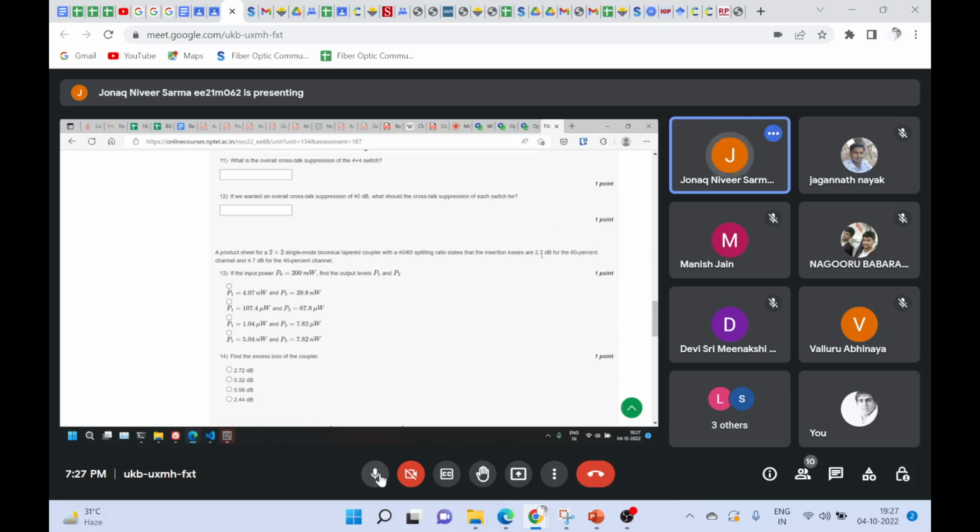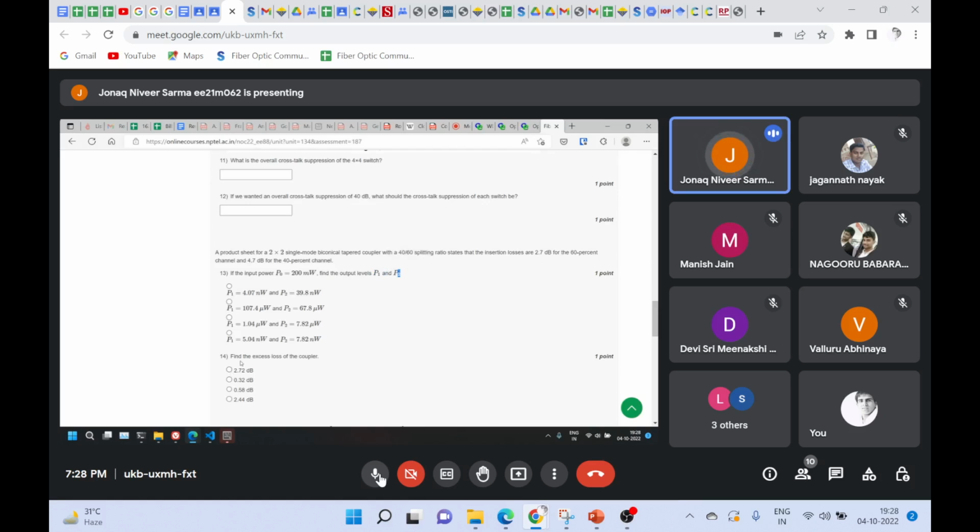You are given that if you input 200 milliwatt power, P1 will be minus 2.7 dB from that. Just find the ratio, what is expected. And instead of 60%, it will get some lower percent. That's it. Instead of 40% also, it will get some lower percent. That's how you find P1 and P2.